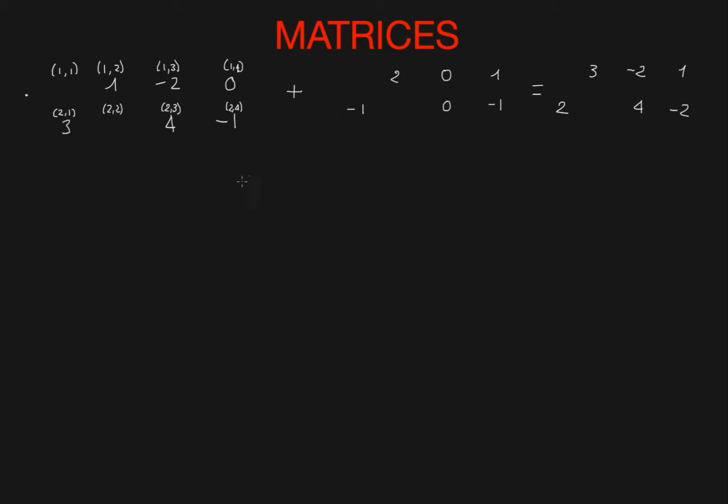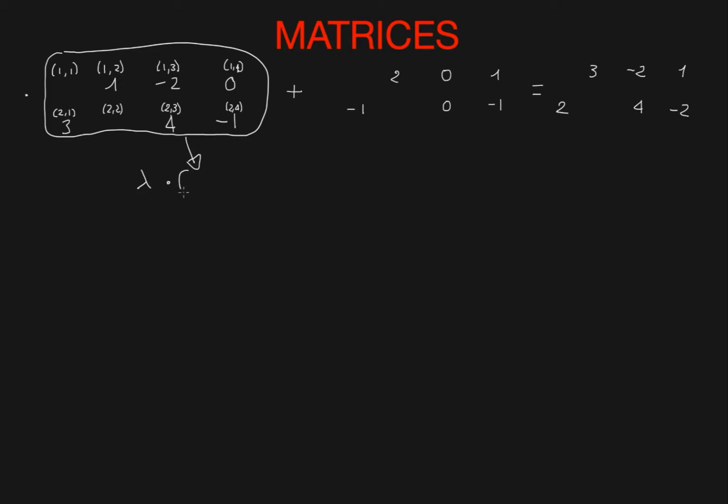Not only that, we can actually multiply an object like this by a scalar. So if we take this object here, I'm not gonna rewrite it, and we multiply on the left by a real number lambda.